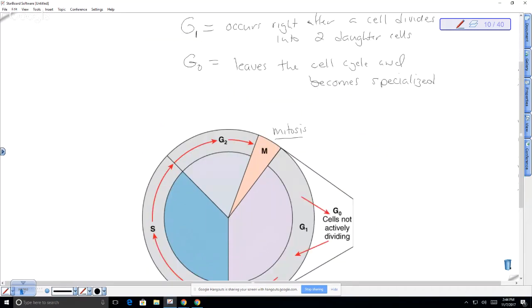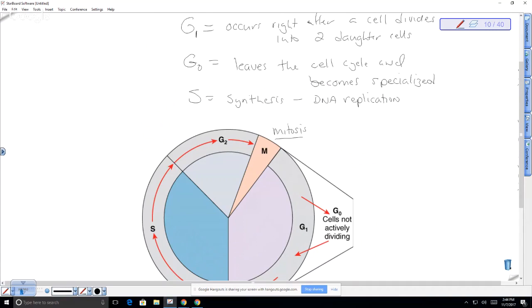And then we have S, and S stands for what? Do you remember from lab? Synthesis, right? So this is synthesis. This is where DNA replication occurs. So once it has replicated its genetic material, it pretty much is on the road to dividing again, right?